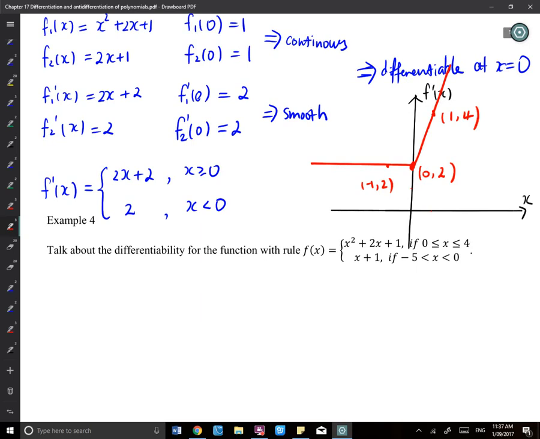What is 0? What's the special thing about the 0? Yeah, the connection points. 0 is where they connect. What are negative 5 and 4 called? Endpoints.